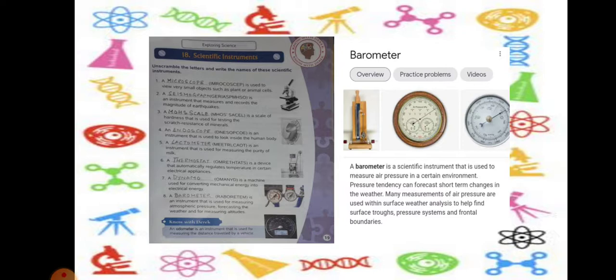So you can say that a barometer is an instrument required for measuring the atmospheric pressure, forecasting the weather, and measuring altitudes, the heights. This is the work, or the function, of a barometer.